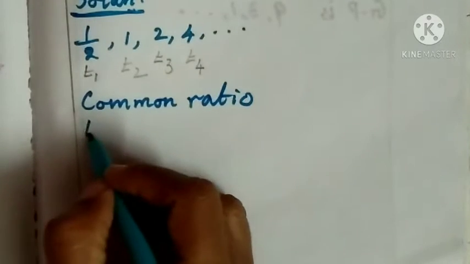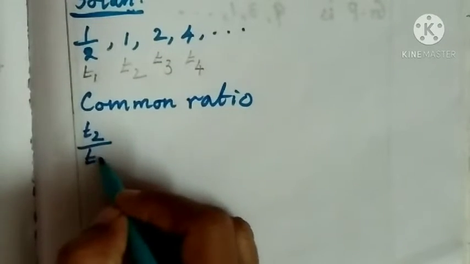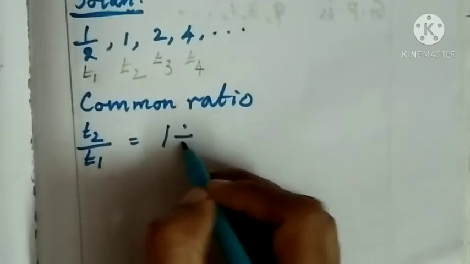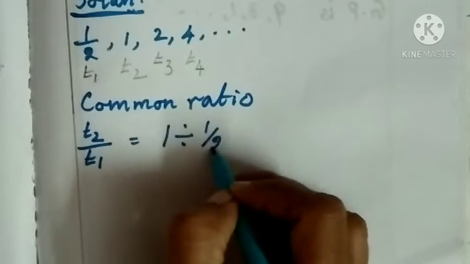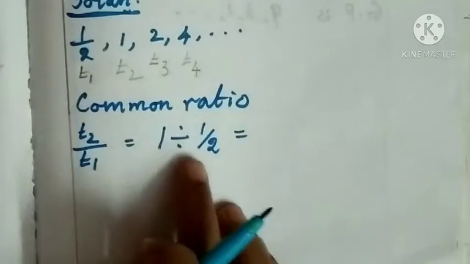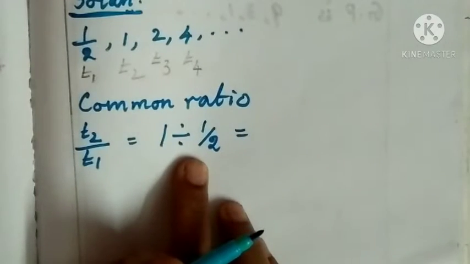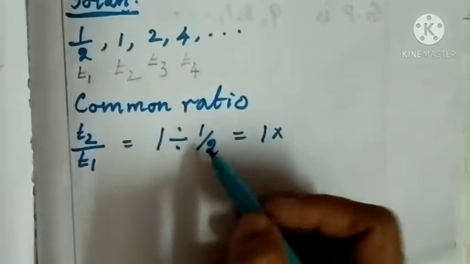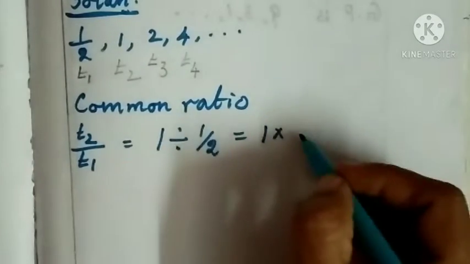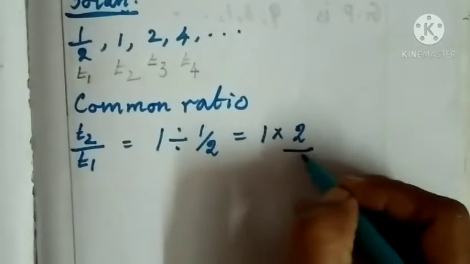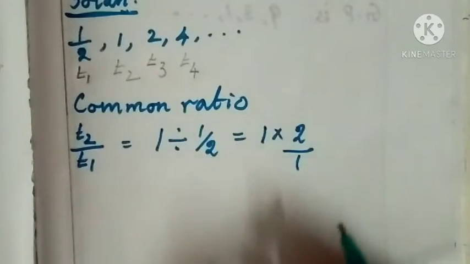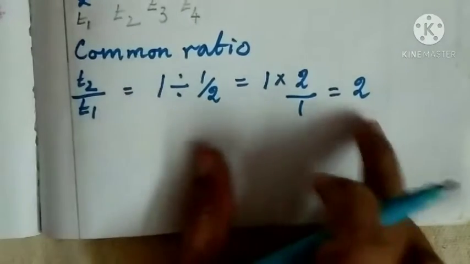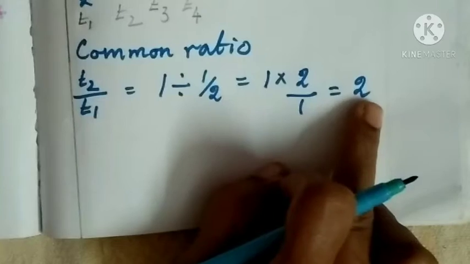That is T2 divided by T1, which is equal to 1 divided by 1 by 2. Now you have to change this into multiplication form. That is 1 into the reciprocal of 1 by 2, which is 2 by 1. That is 2. The common ratio of the first two terms is 2.